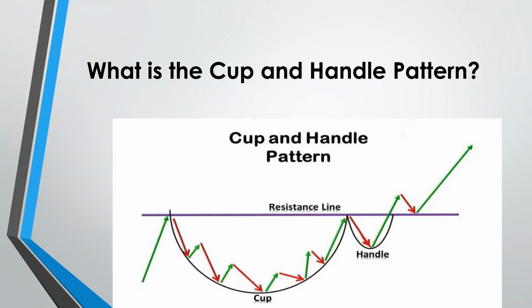So this is a snapshot of what the cup and handle pattern is all about. Again, we have the cup and we have the handle. We can see here that the formation sort of looks like it's in a downtrend and the trend is about to make a shift. Let's see as we go along with this.